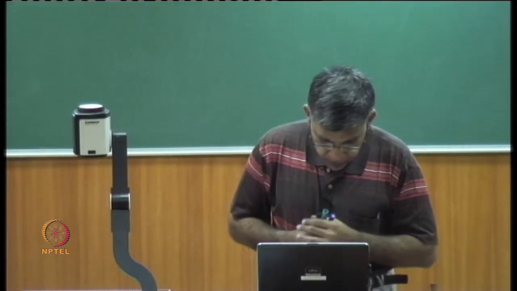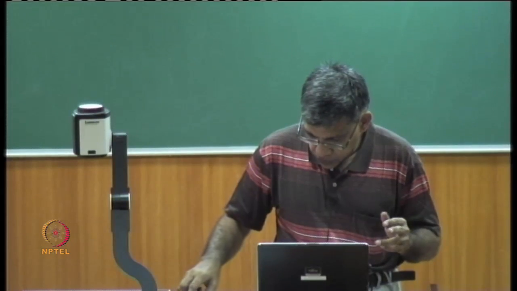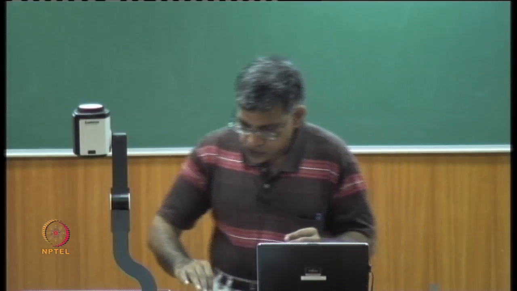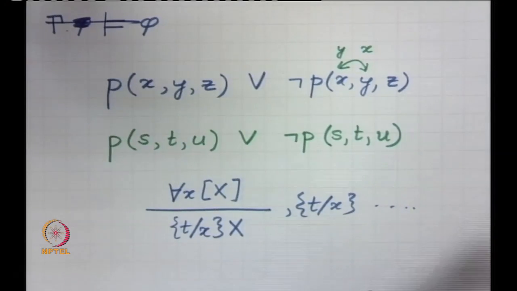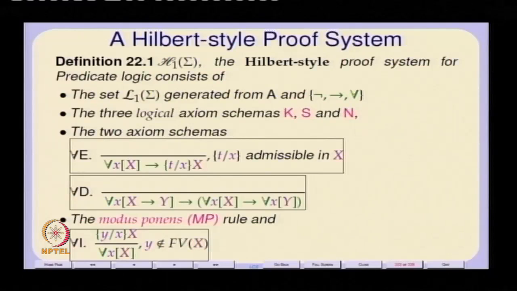So that's one thing. So even though these two forms of for all elimination are equivalent, Hilbert found it better to treat it as an axiom so that it remains on the right hand side. There's another one.